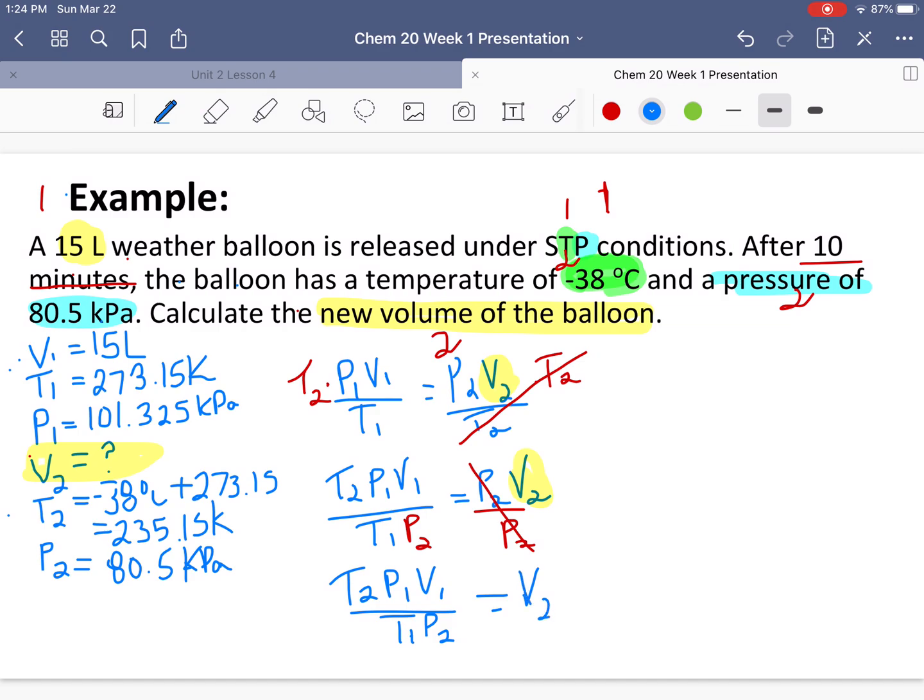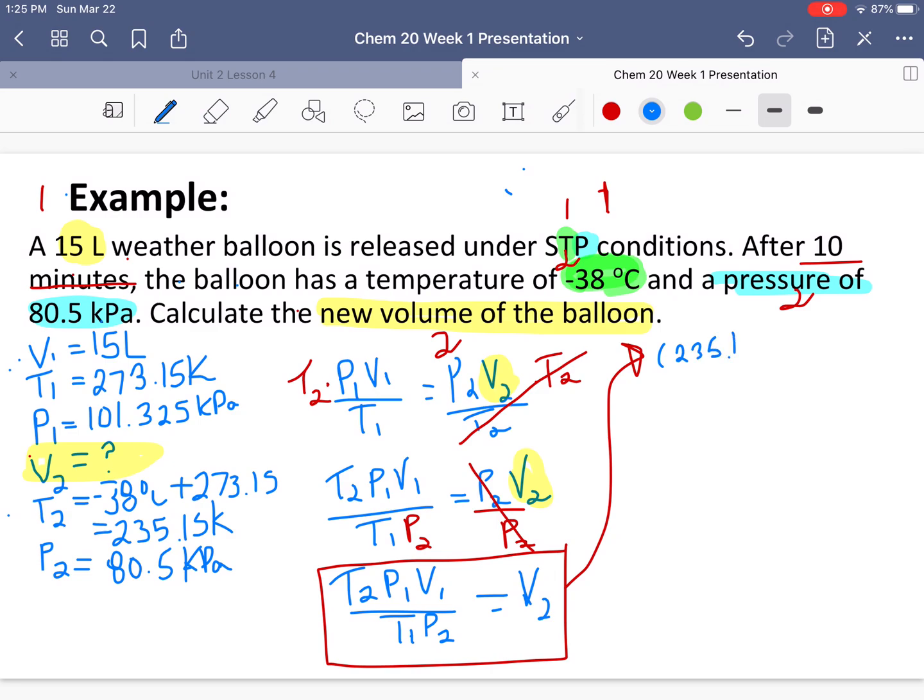Okay, there we go. Next step, take that equation that just got figured out and plug in what you know. When you plug in, though, I will remind you, you must include units. This is important, okay? So start from the beginning. Our T2 is 235.15 Kelvin. This temperature is being multiplied by the initial pressure.